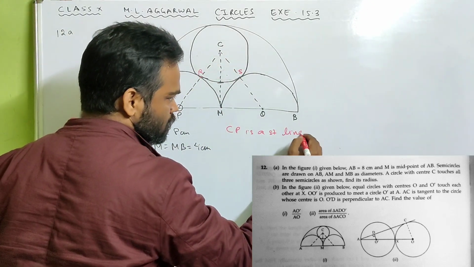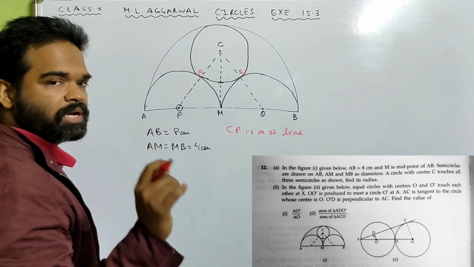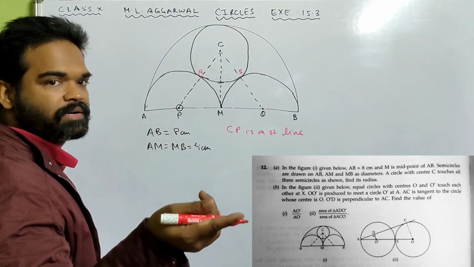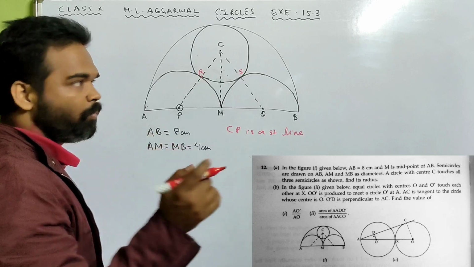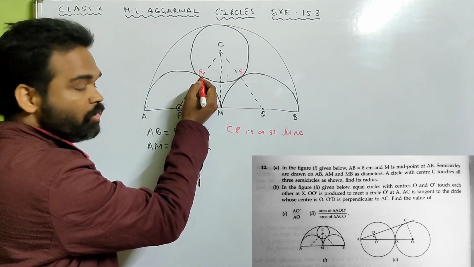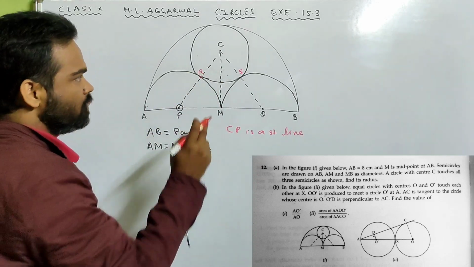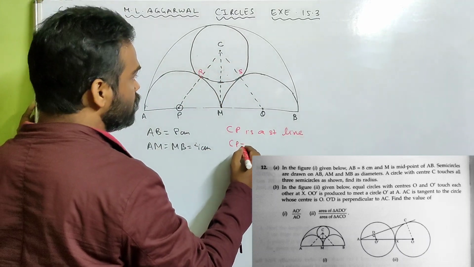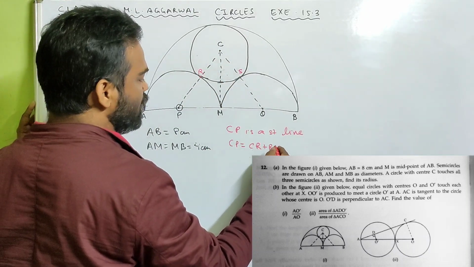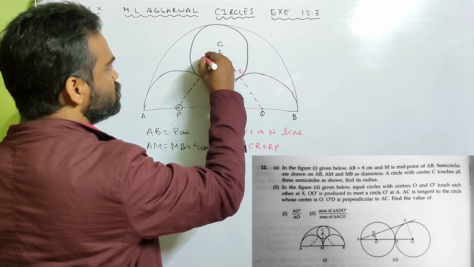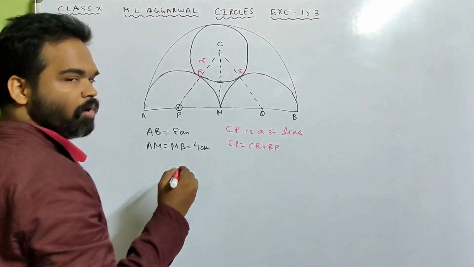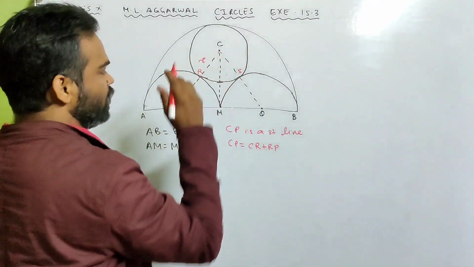Why? Because when two circles touch each other externally or internally, their centers and the point of contact, if R is the point of contact, lie in the same straight line, which means CP will be equal to CR plus RP. Suppose CR is small r, the radius which we need to find.